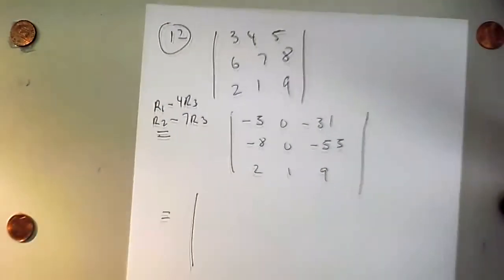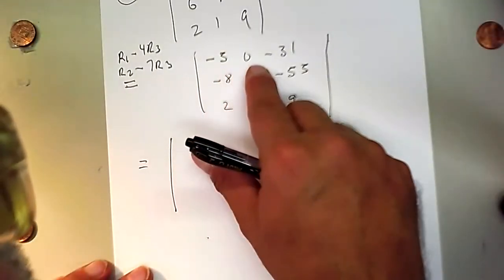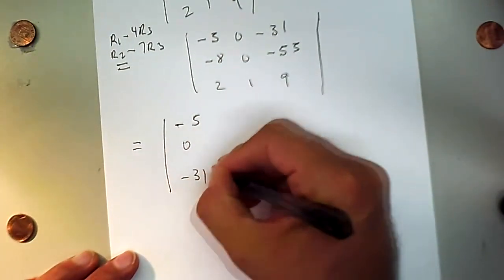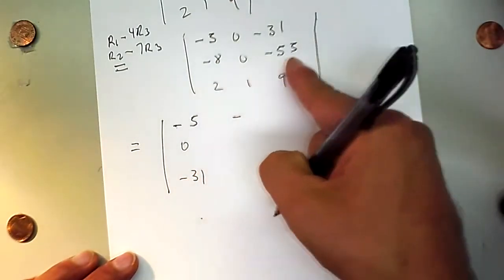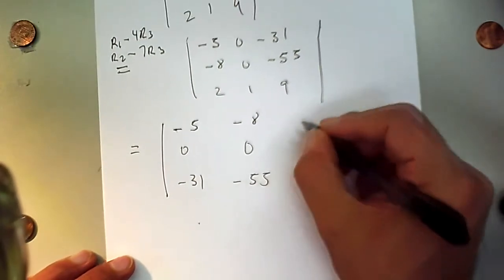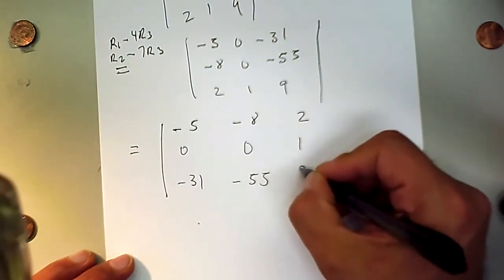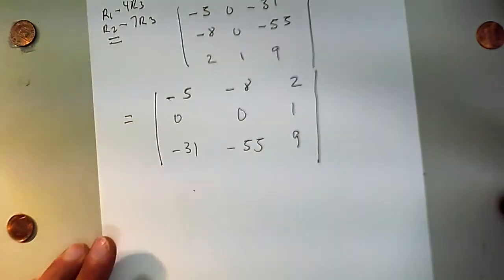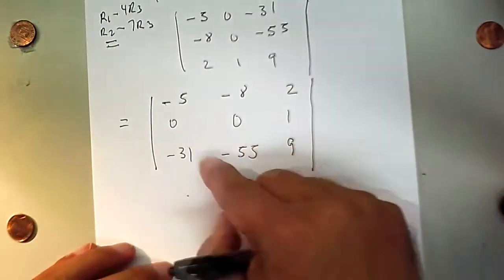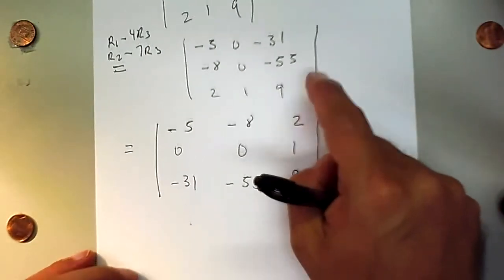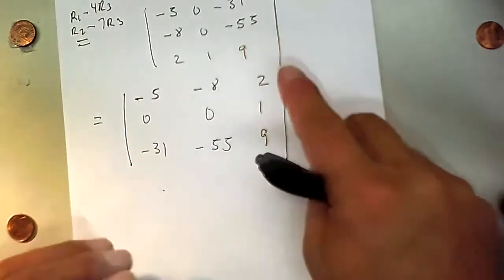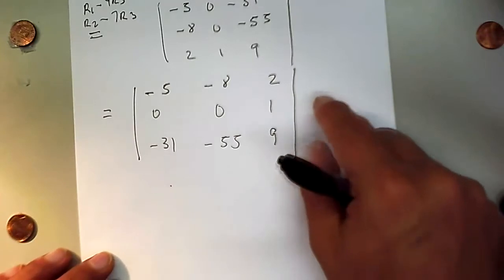So if we put -5, 0, -31 as a column, -8, 0, -55, 2, 1, 9, then we're good. The determinant does not change. This is the transpose of that matrix. And we could have done that at the beginning too. It doesn't matter where you do it. If you do it, nothing changes.